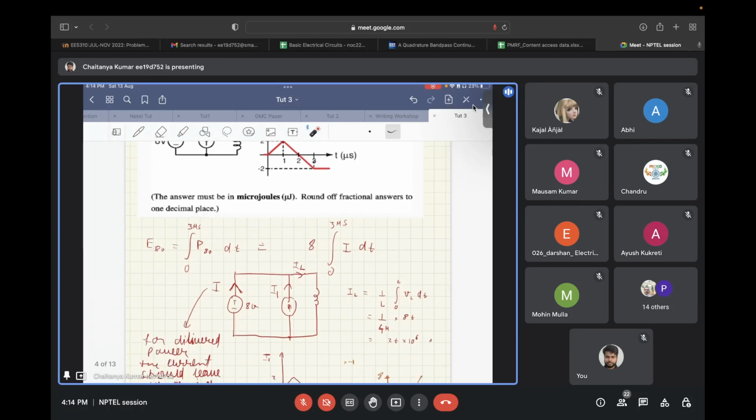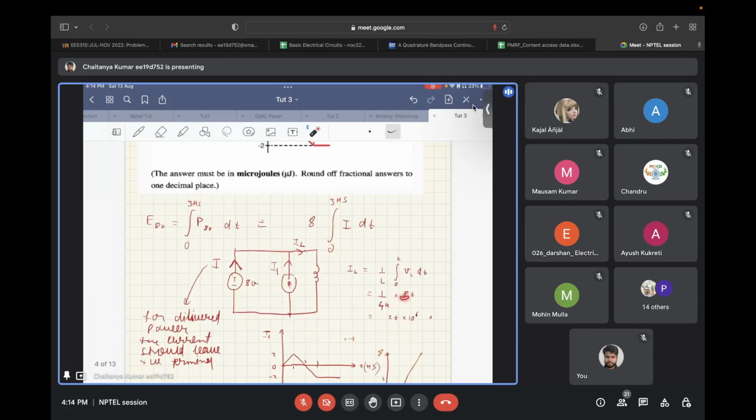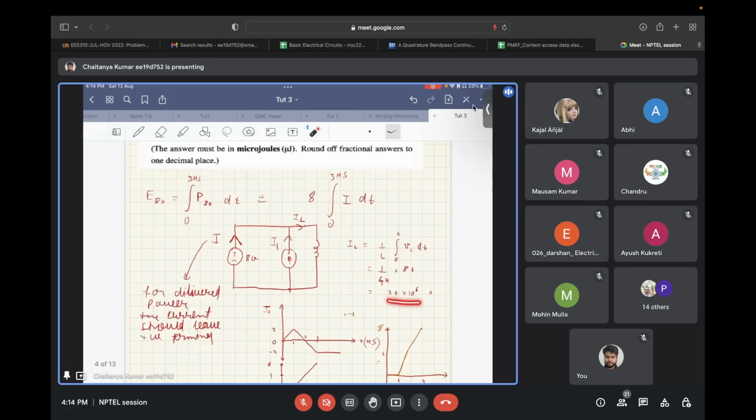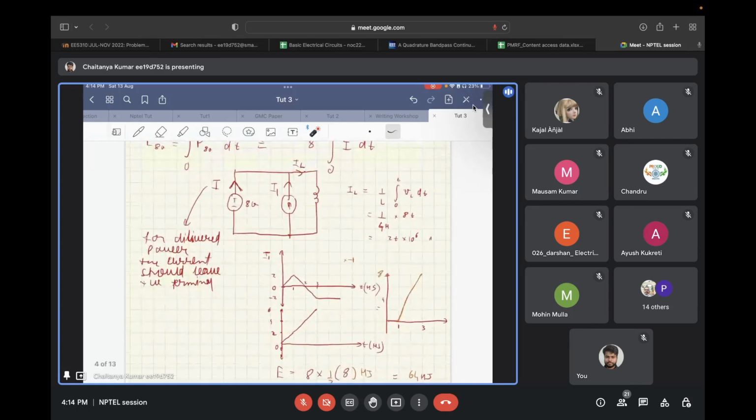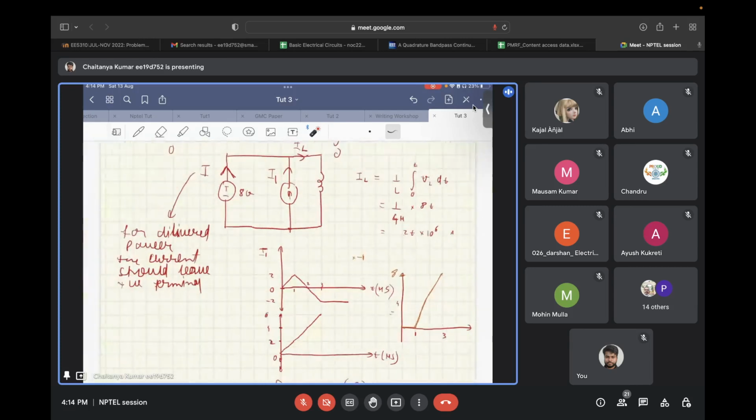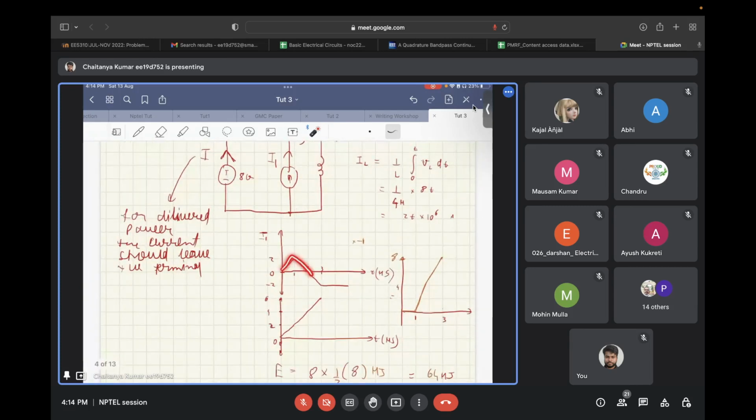Since the voltage across the inductor is constant, the overall current flowing into the inductor will be 1 by inductance, that is 4 microhenry, into 8 times t, where 8 is the voltage, so that comes out to be 2 into 10 to the power 6. I1's curve is given in the question up to 3 microseconds.